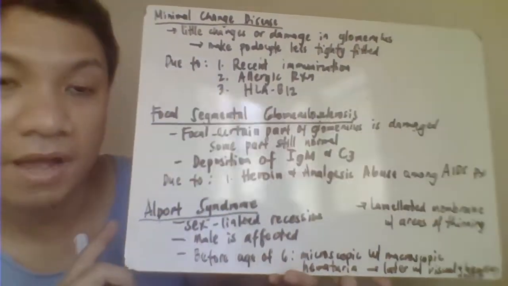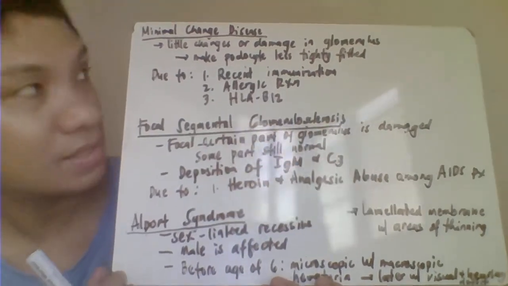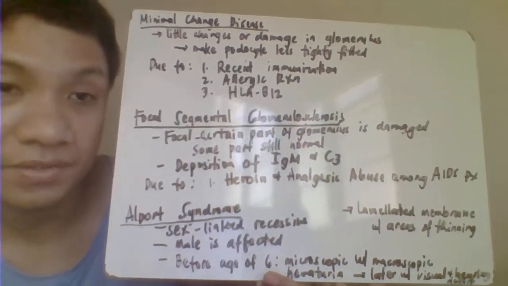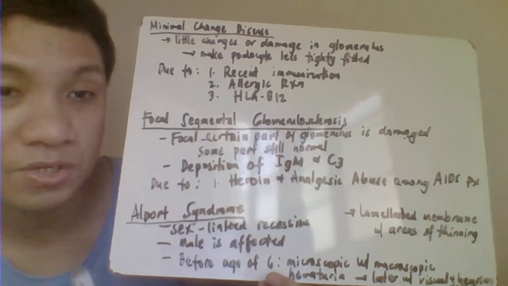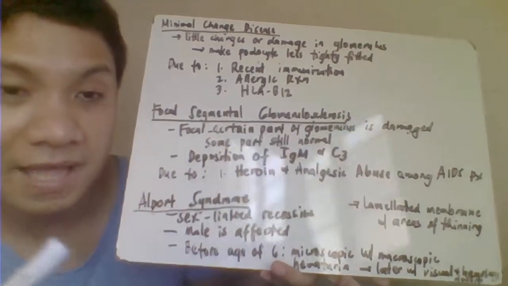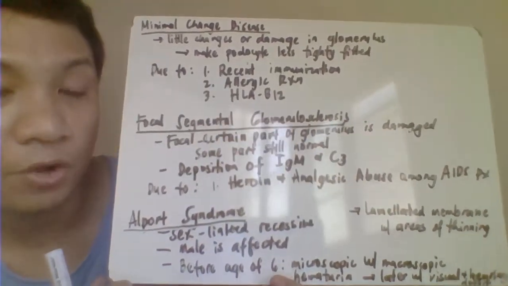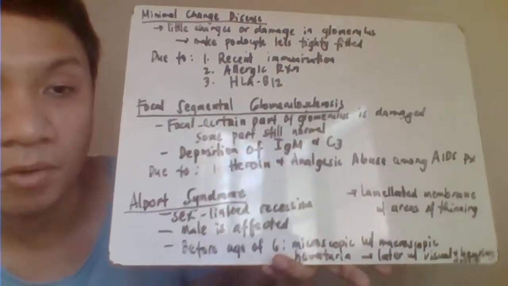Okay, the next one, we have your minimal change disease. So from the word itself, minimal, so this is a type of disease wherein you have just only a small damage in your glomerular basement membrane. So kahit konti lang ang damage, hindi yung ganun kalaki, but then still try to disrupt the normal, tightly fitted na podocyte natin.